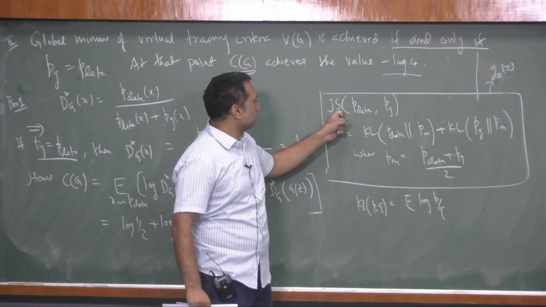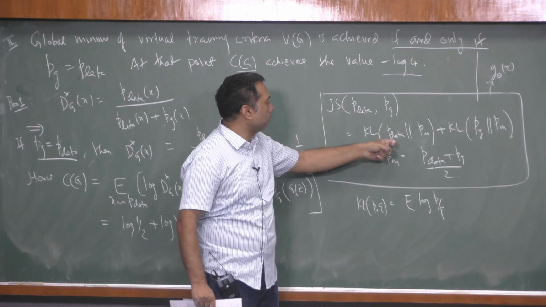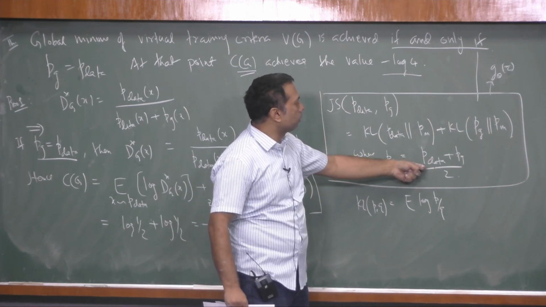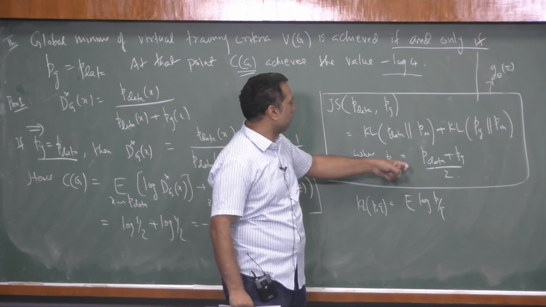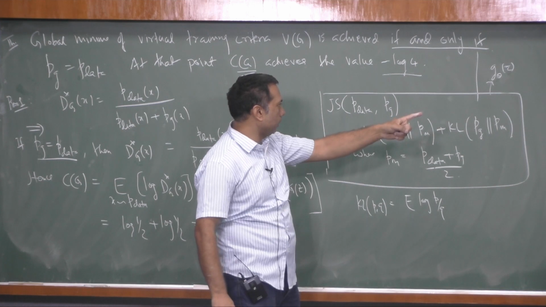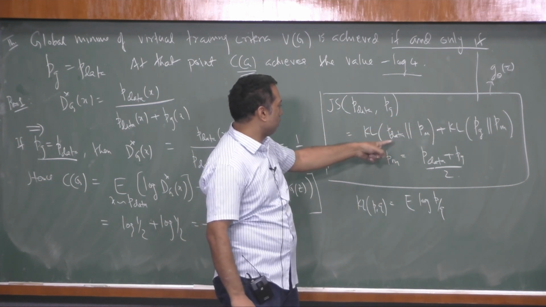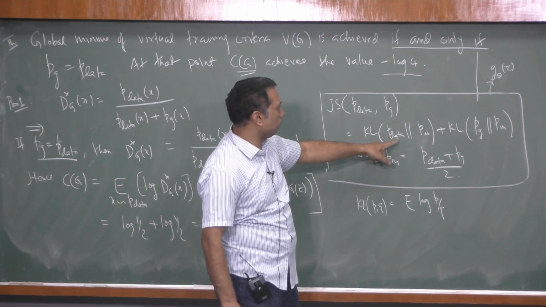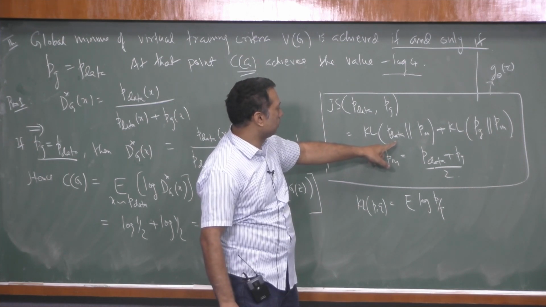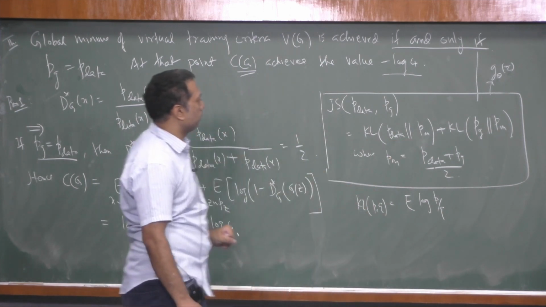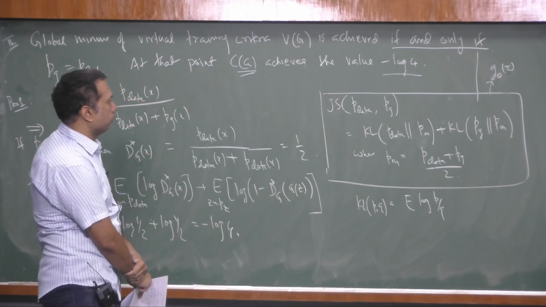Because Jensen-Shannon says that it's P data by PM, and this PM is already in that form. So I see this as KL of this exactly, right? The first term is like KL of P data and P data plus PG, and then similarly the other one with PG.